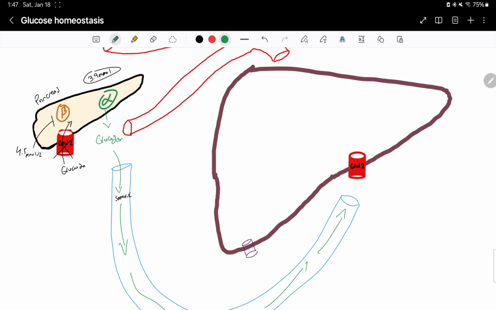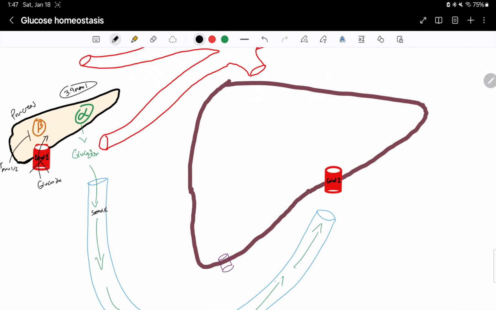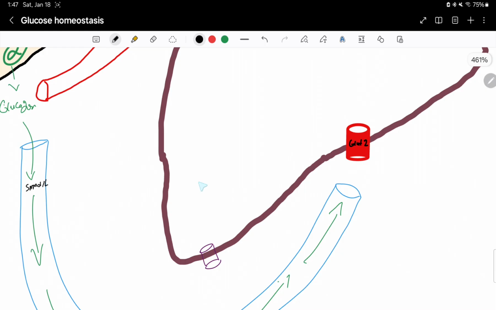First things first, I've got to talk about the different processes that are involved in the liver. You guys know the liver is the main organ responsible for maintaining blood glucose levels. The liver is able to go through a process known as gluconeogenesis. Gluconeogenesis refers to the process of taking non-carbohydrate substrates and converting them into glucose.